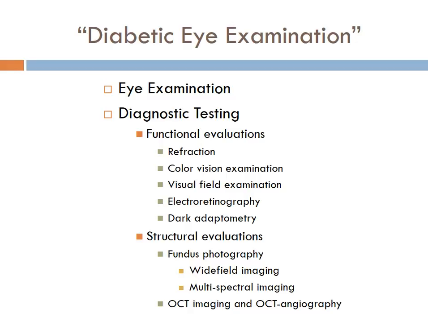And now, over the past few months, a few of us have started acquiring these brand new OCTs and doing this OCT angiography. And as I stated earlier, I've just acquired that technology, and I'm really excited about it. So to me, this is a diabetic eye exam. Now, I know that we can't do all this stuff on every patient. I'm not crazy. Okay, I know there's people with no money and no insurance.